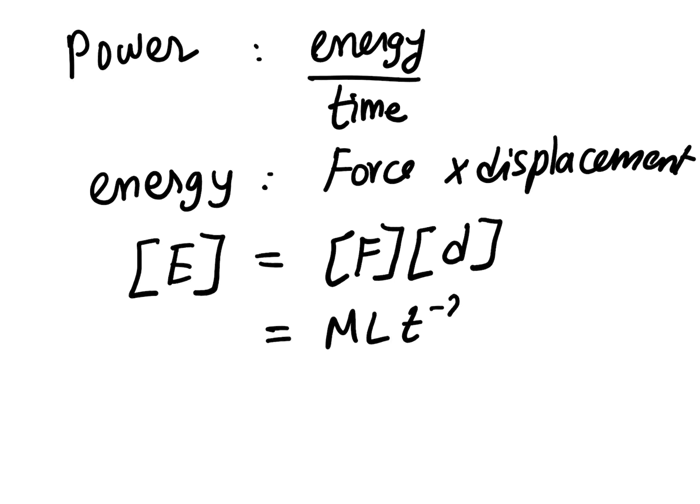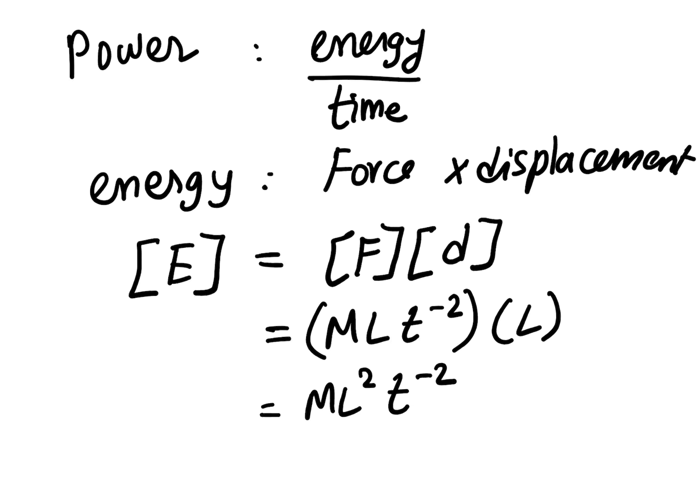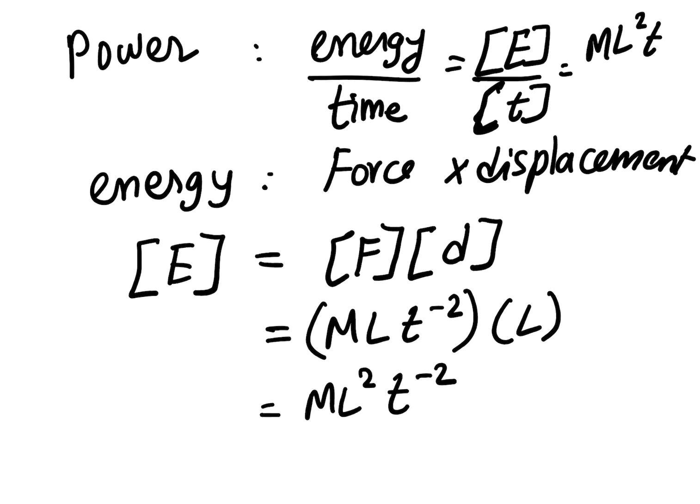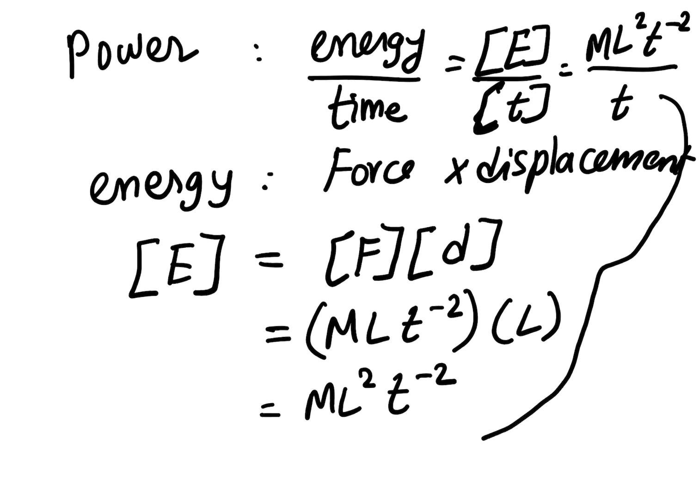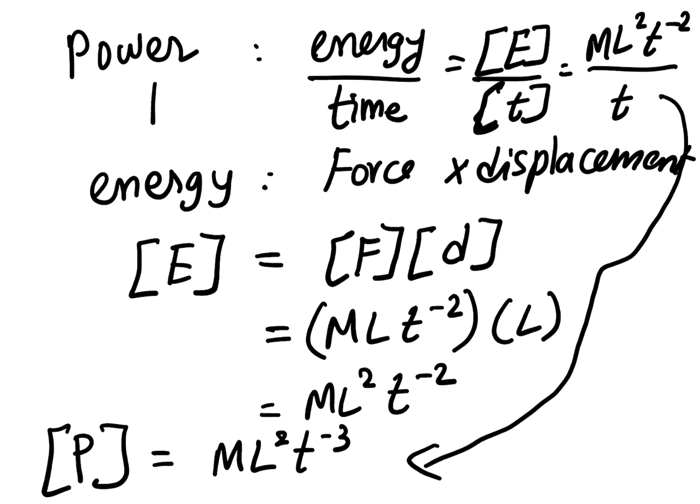Force is, we just saw, mL t power minus 2 multiplied by L. So that would be mL squared t power minus 2. If I put that back in here, that would be mL squared t power minus 2 divided by t. So if I just continue here, that would be mL squared t power minus 3, which is the dimension of power, uppercase P.